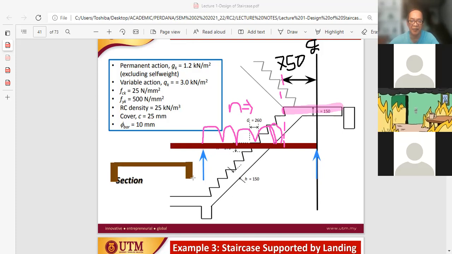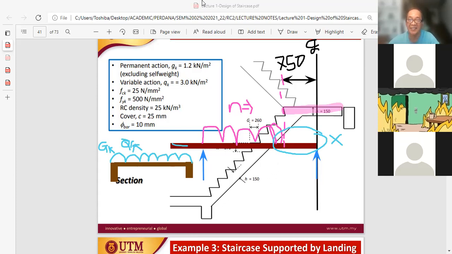So whatever GK and QK are on the landing will appear only on the landing here. The GK and QK are based on the landing's loading, the self weight of the landing, and the QK on the landing. So that is why there is zero loading here. No loading. All loading will appear here in the landing's schematic.